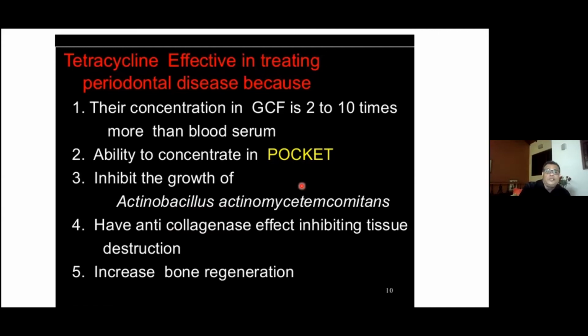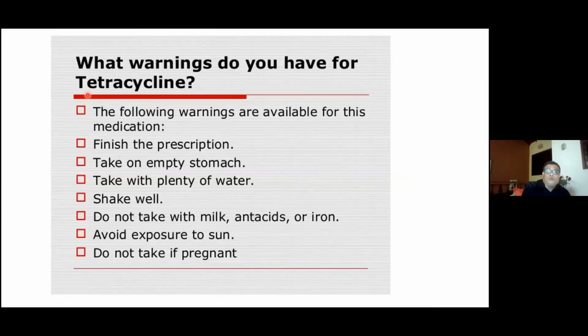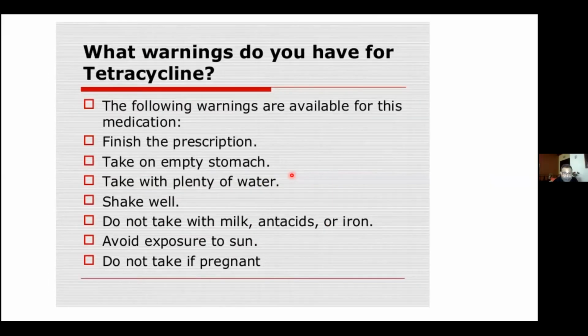the treatment of periodontal diseases. What warning do you give the patient when you prescribe tetracycline? Actually, you have to say, as I described, not to take milk, antacids or iron. You have to take it with plenty of water, because some tetracycline preparations have a gelatinous capsule that can adhere to the esophageal mucosa and get stuck in the stomach.